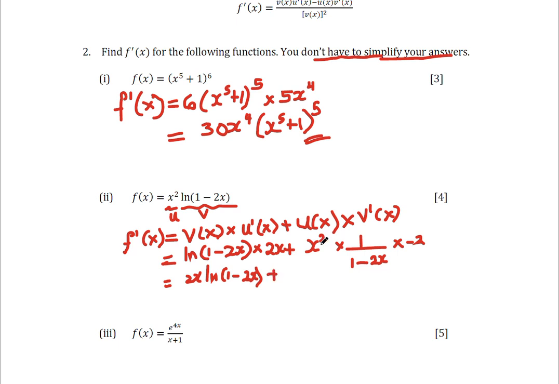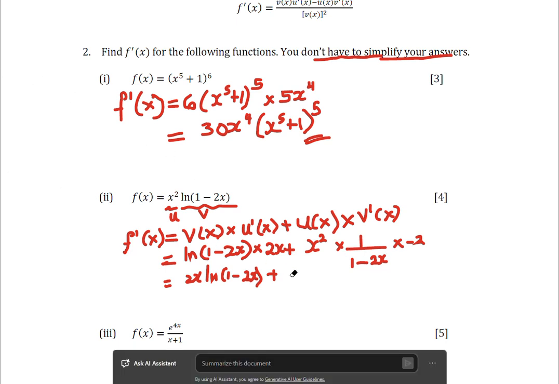Plus, now I have 3 terms basically making up the product on this side of the addition: x squared, 1 over 1 minus 2x, and negative 2. So I'm going to multiply out the numerators here to simplify this. That is x squared by 1, which is x squared, multiplied by negative 2, which is going to give us negative 2x squared.